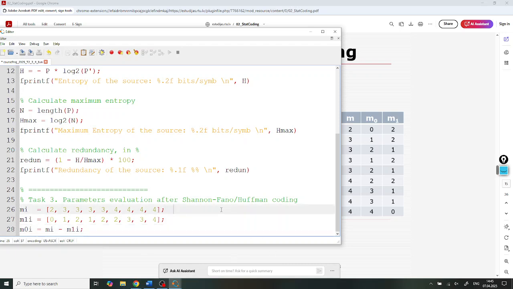So, number of code symbols. Pay attention, they are different lengths, yes, so more common symbols are shorter and less common symbols are longer, as it should be. Number of ones per code word, and this is accordingly number of zeros per code word.